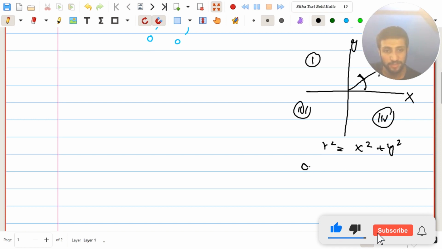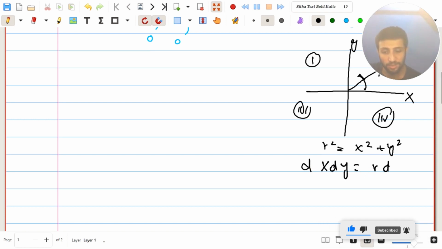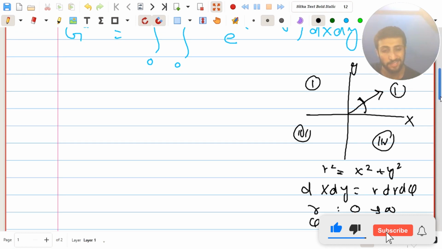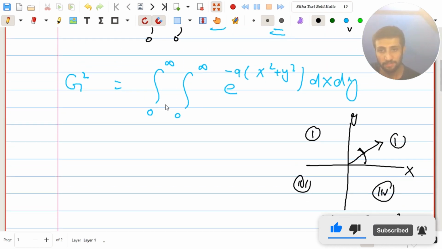Now if I solve this for theta, I will get dx into dy is equal to r into dr d theta. So when r goes from 0 to infinity and theta goes from 0 to pi over 2, I just need to plug these values into this double integral.